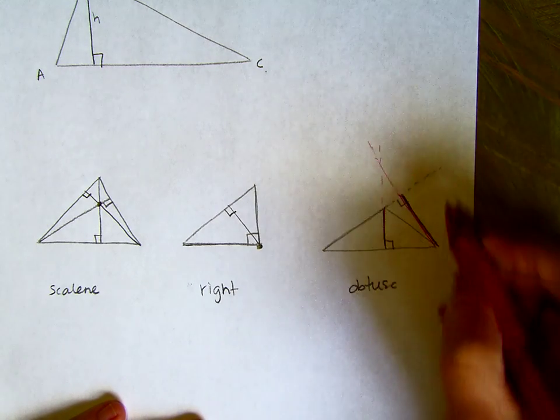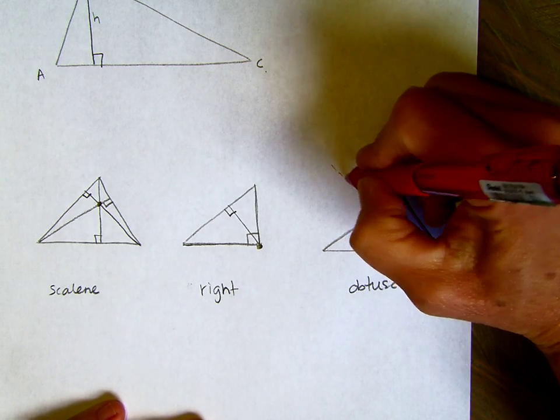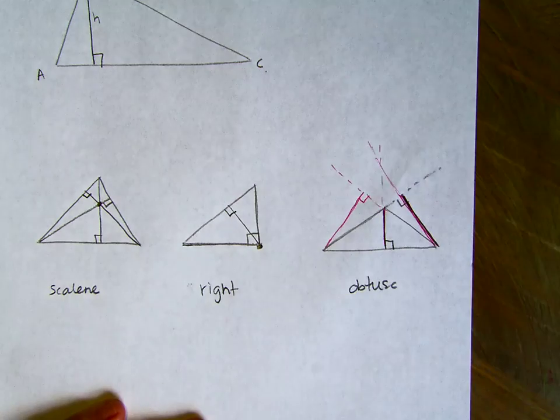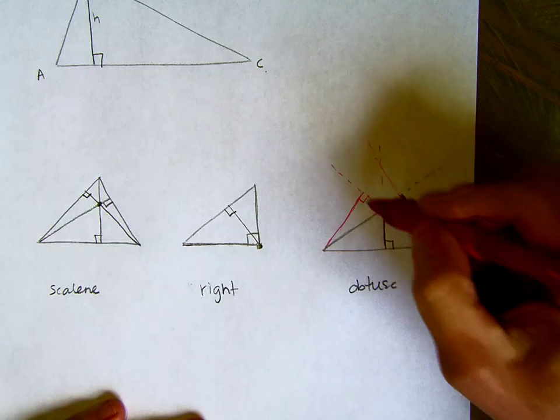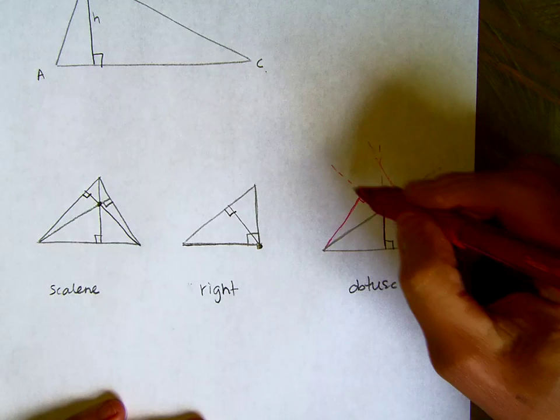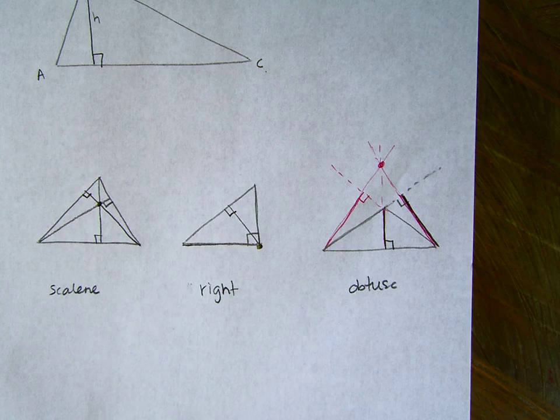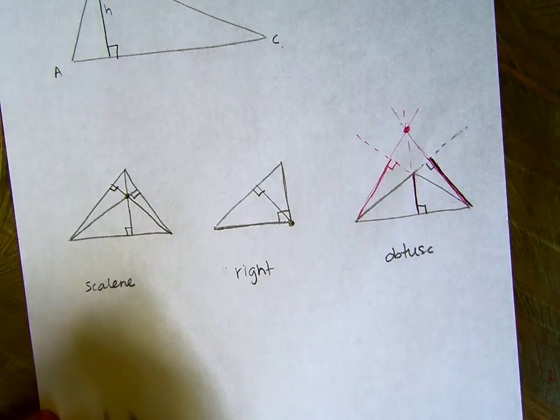And I'm going to have to extend these to find out where they meet, from this vertex to this side. So again, I have to extend perpendicularly to it. So some altitude triangle, and these guys would all meet. That orthocenter would be out there.